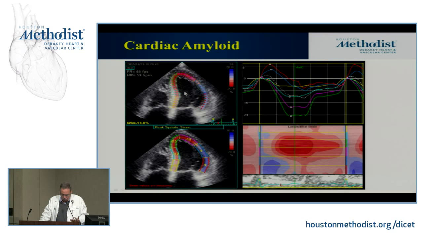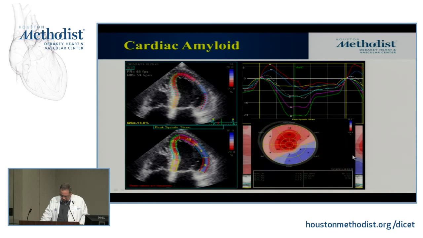And therefore, when you do the final bullseye, you see that areas in the apex have higher values for longitudinal strain than the mid and basal segments. And certainly, that should make you put it together with everything else and say, this is all compatible, we should be thinking of amyloidosis.